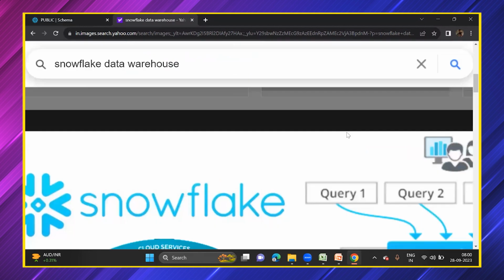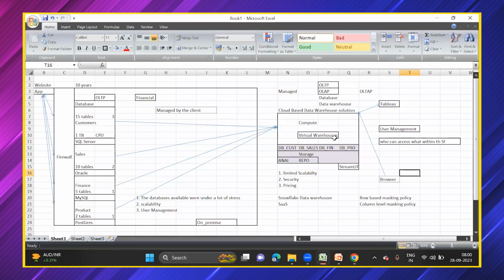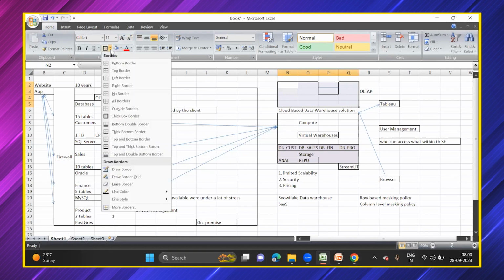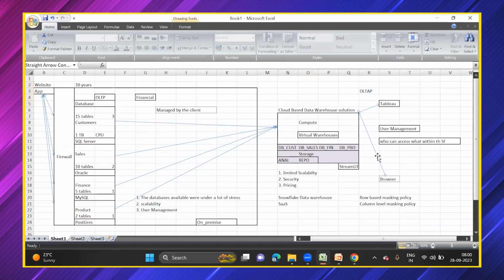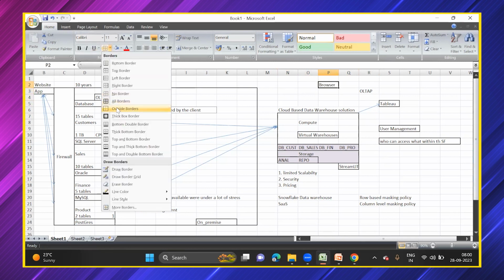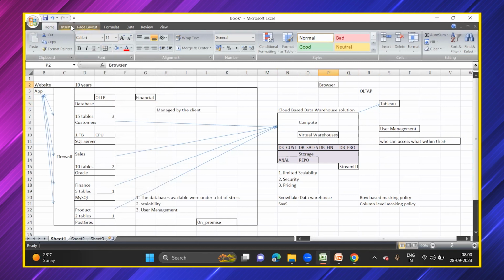So here, if I redraw this picture, or remove something which is not necessary, here, no borders, I will instead create a browser over here. Now the user will be logging into the browser, into the Snowflake data warehouse, and then that person will be sending queries to the Snowflake data warehouse.